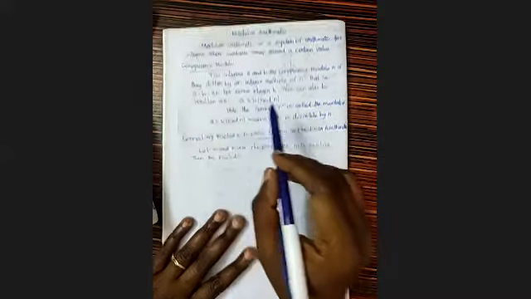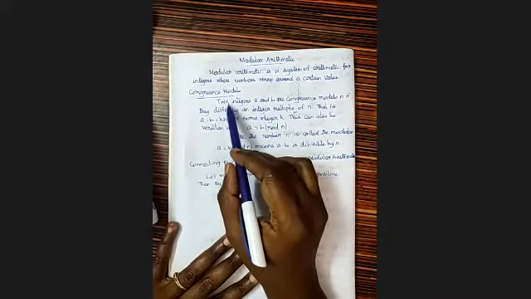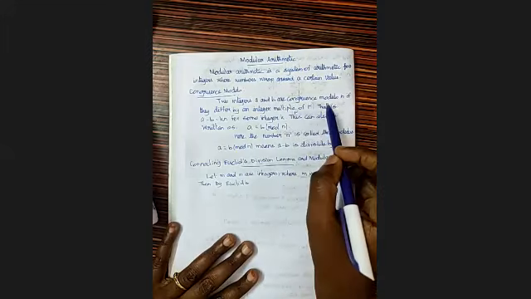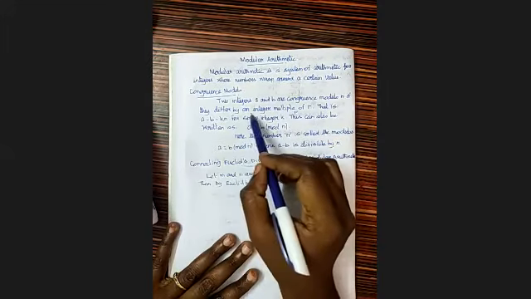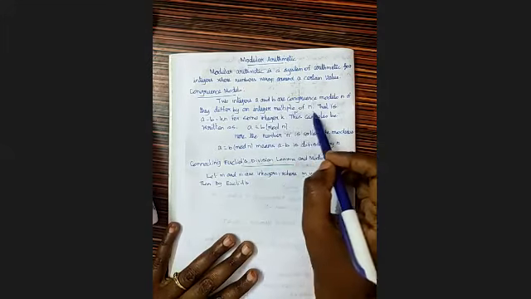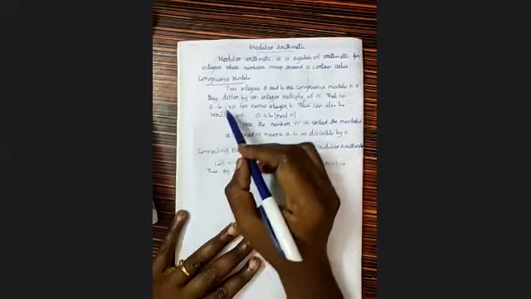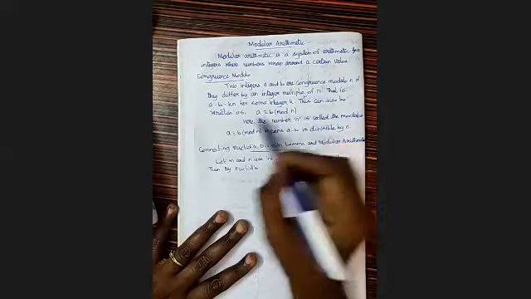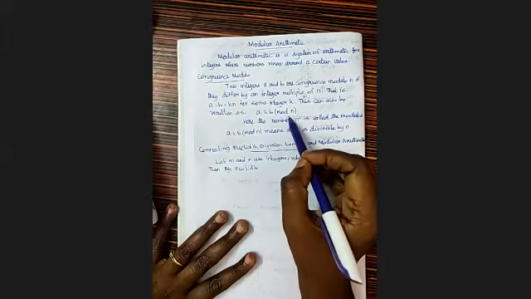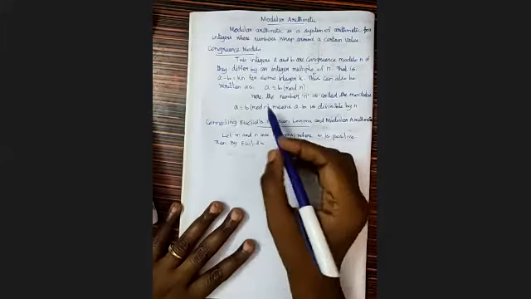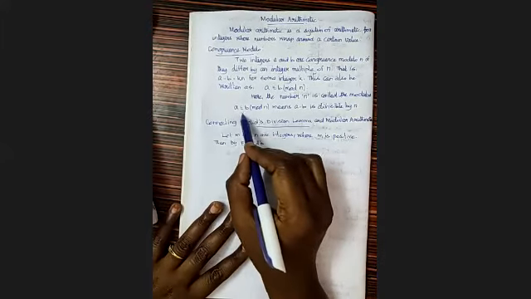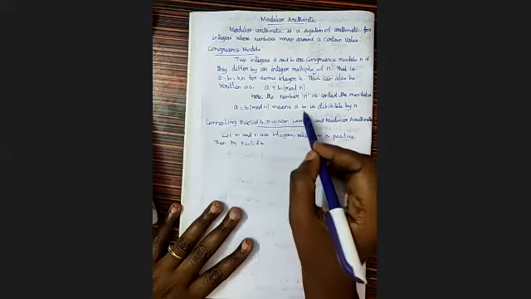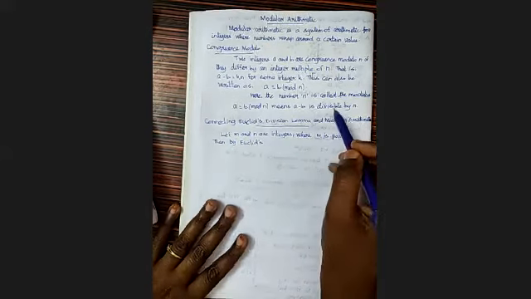So congruence modulo n means two integers A and B are congruent modulo n if they differ by an integer multiple of n. That is, A minus B equals kn for some integer k. This can also be written as A congruent to B mod n. A congruent to B modulo n means A minus B is divisible by n.